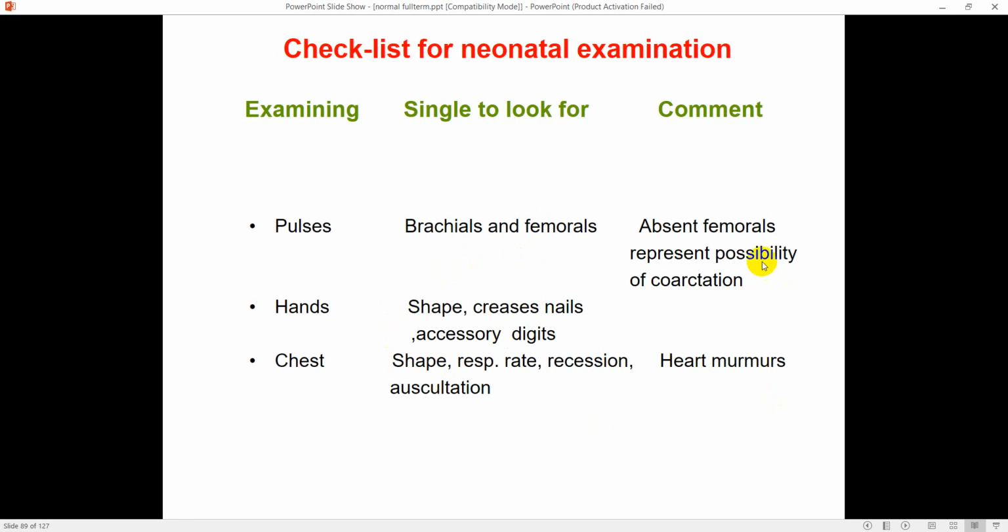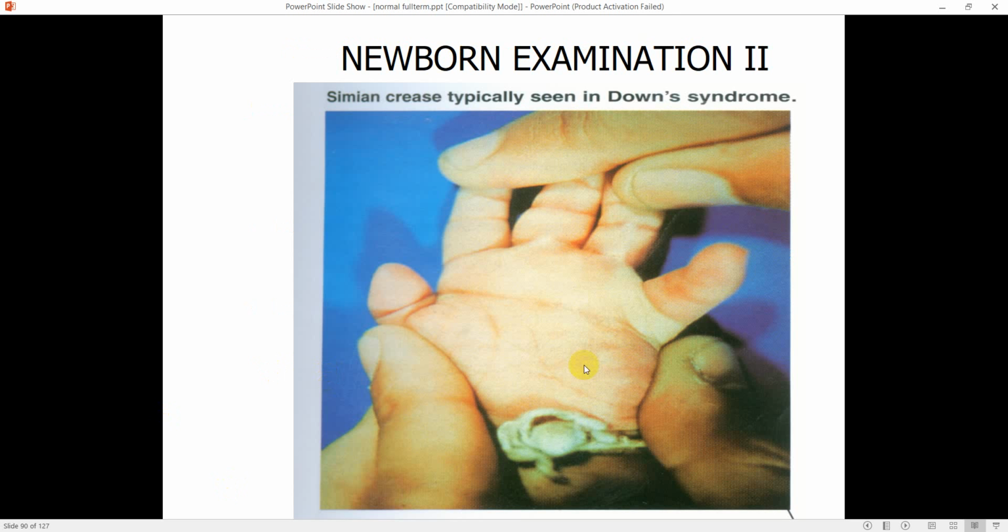So we need to examine the pulse in the hand and in the inguinal region. We need to examine the hands for the shape, for creases, for nails, hands and knees and feet of course. And we need to examine the chest. And we will see some pictures about these items of examination.